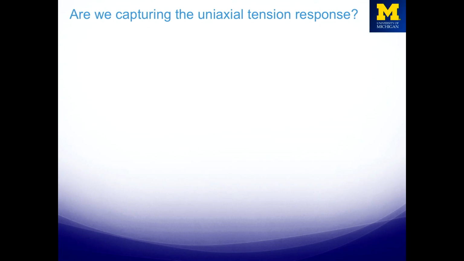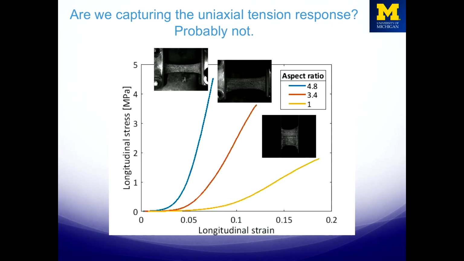All right, so now you say, okay, well, I did a uniaxial test. I can take a constitutive model and fit it to a uniaxial tension response. Well, are we capturing the uniaxial tension response? Probably not. Why?